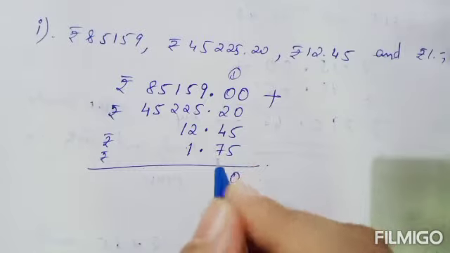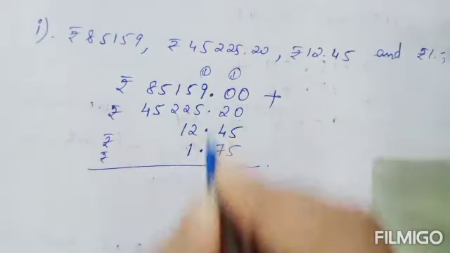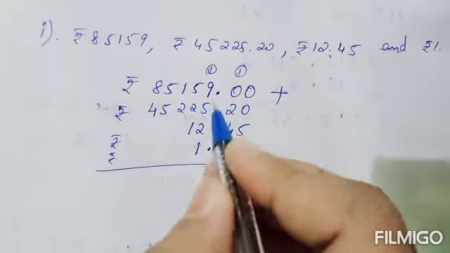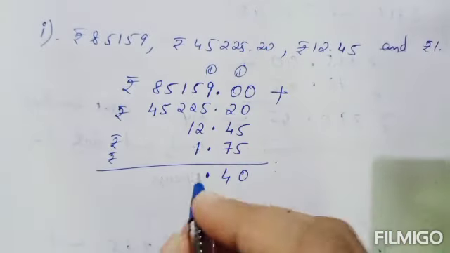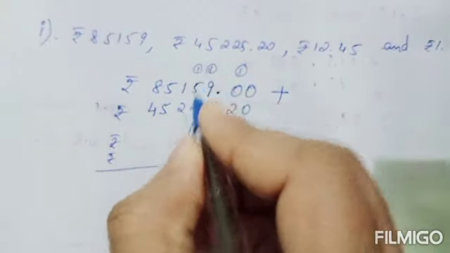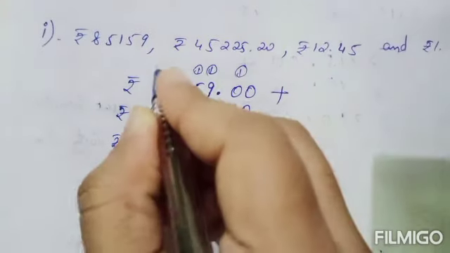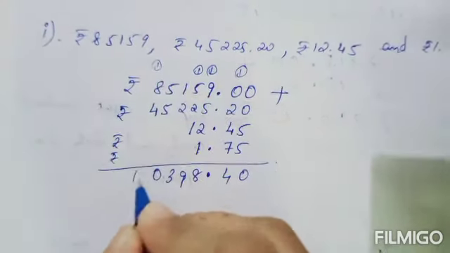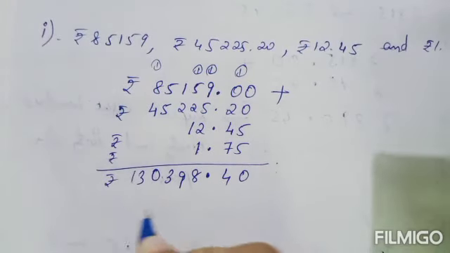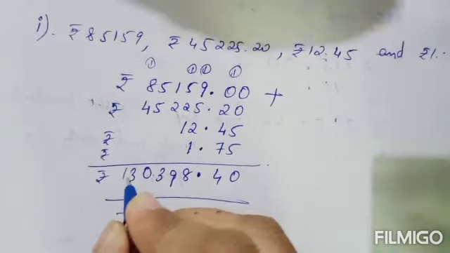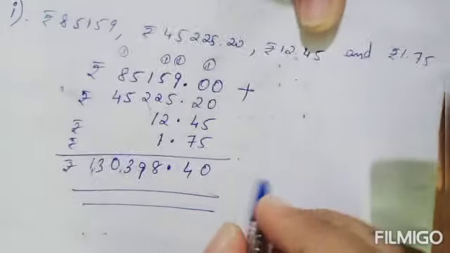3 plus 4, 7 plus 7, 14. Decimal point will come. 9 plus 1, 10. 17, 18. 6 plus 2, 8 plus 1, 9. 3, here 10. 13. So this is 1,30,398.